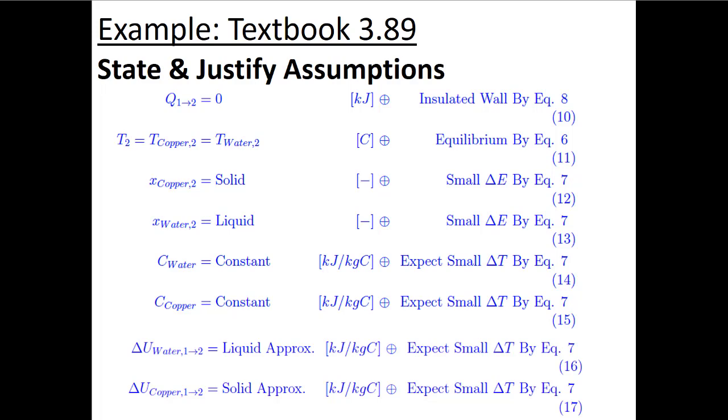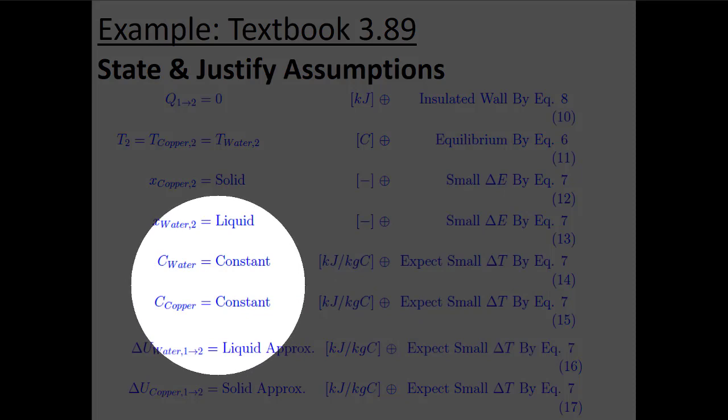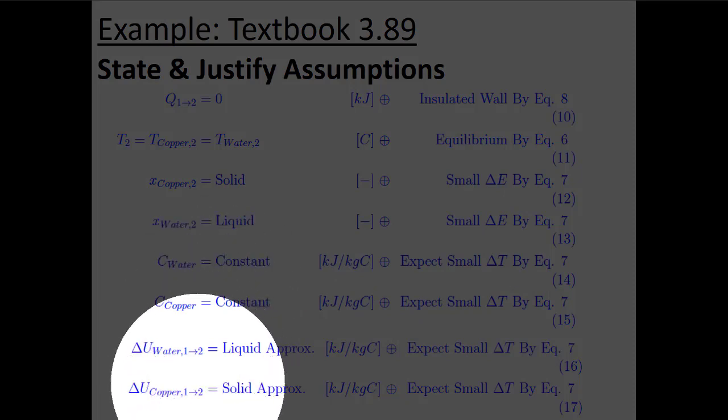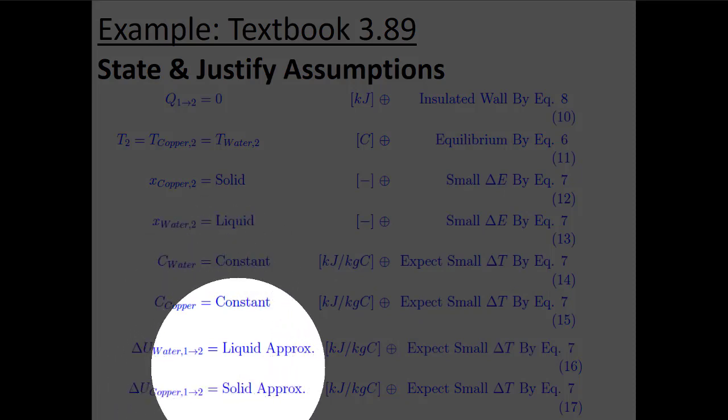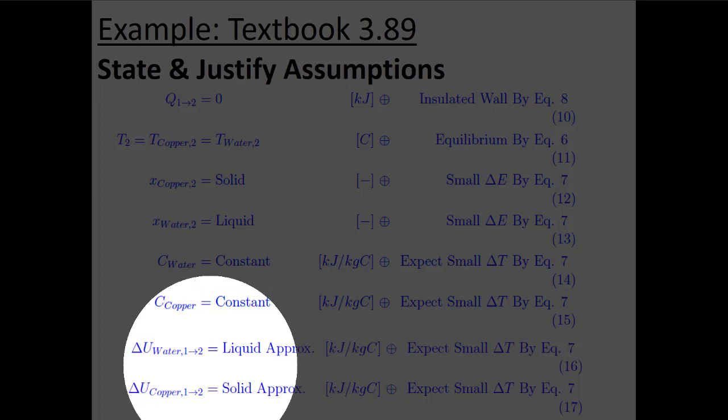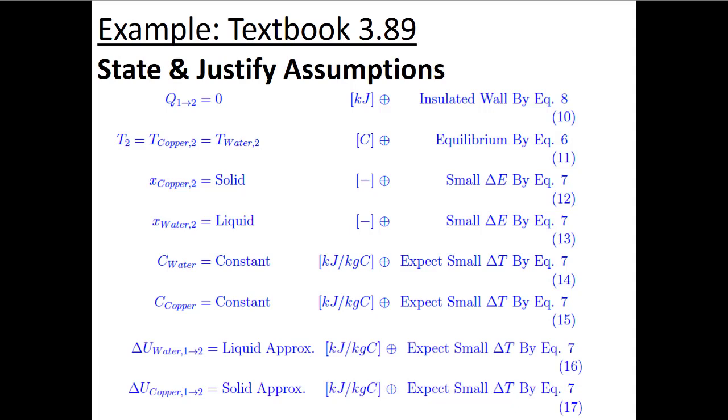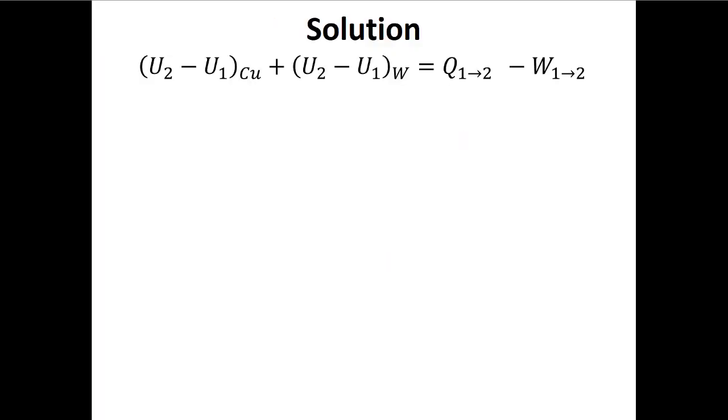Because I'm assuming these specific heats are approximately constant, I can use incompressible assumptions for delta U. For both liquids and solids, delta U can be approximated as the mass times specific heat times the change in temperature of each component.